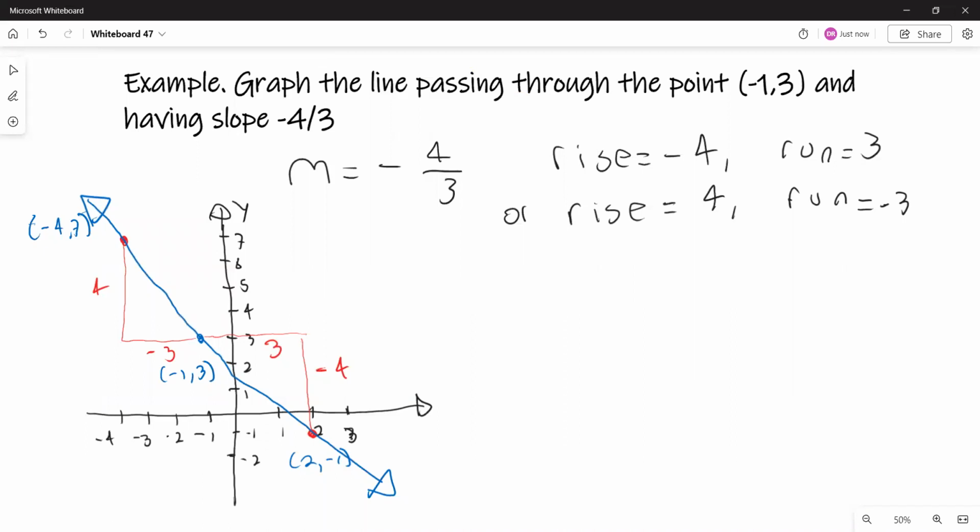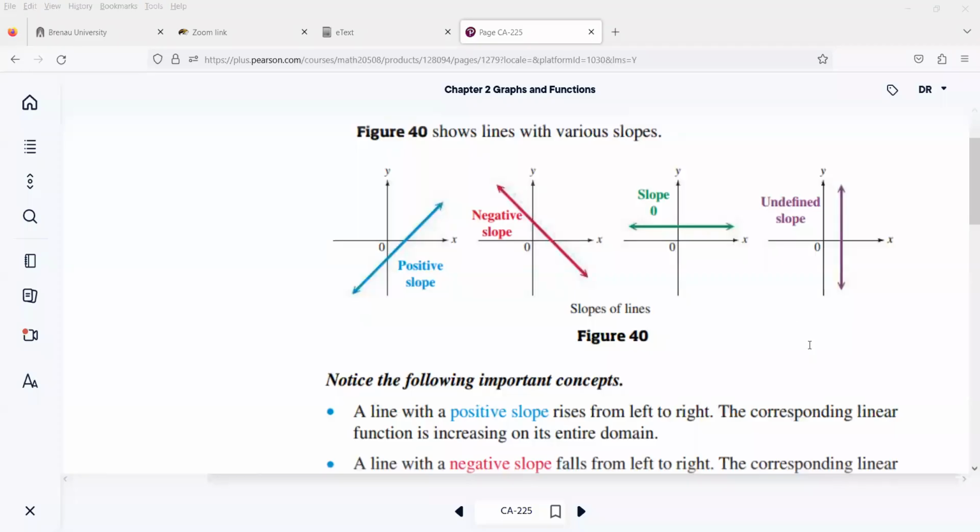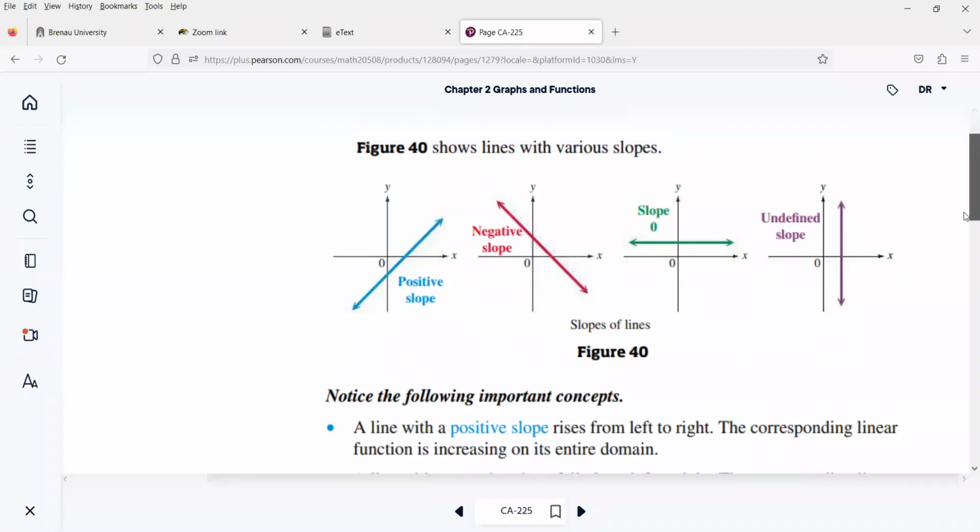Okay, so I was talking also about the slope. It gives you the steepness of a line, but also the orientation. So I'm just going to read this part on page 225.